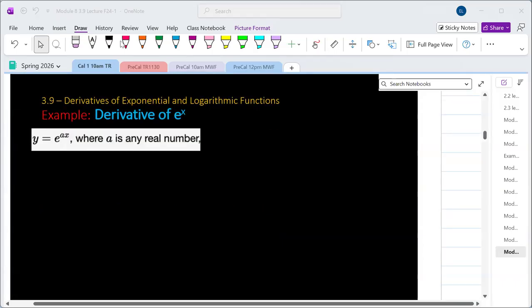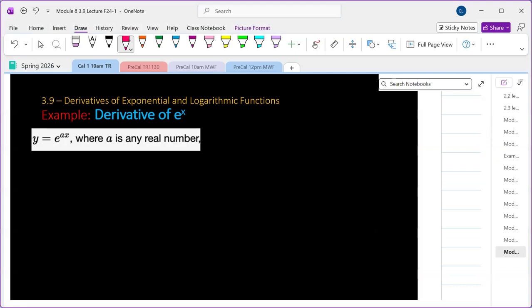So if we're looking at y equals e to the ax, where a is a real number, so this is just some constant times x, then our derivative is going to be the derivative of the outside, which is the thing itself again, e to the ax, times the derivative of ax.